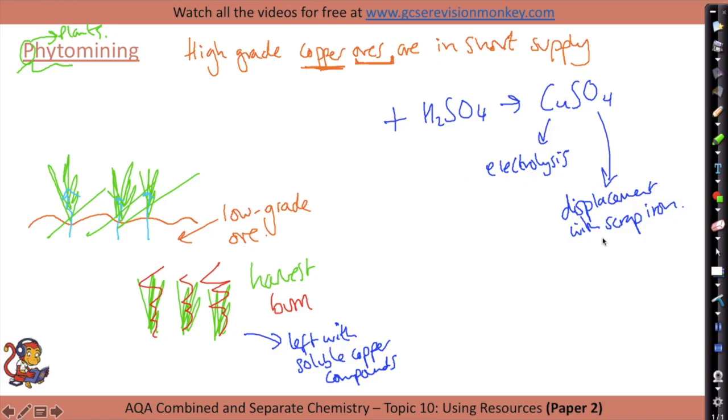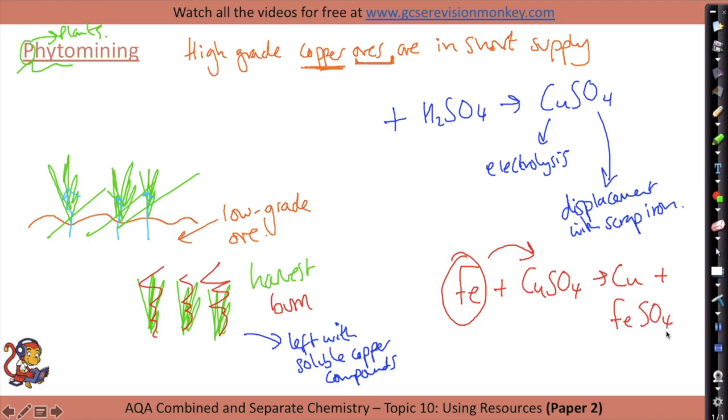With displacement with scrap iron, you would have the iron reacting with the copper sulfate, and the iron replaces the copper, so you'd end up with your copper and iron sulfate. So that's one way that you could extract copper using this new technology of plants, and you need to be able to describe this complete process for the higher tier.